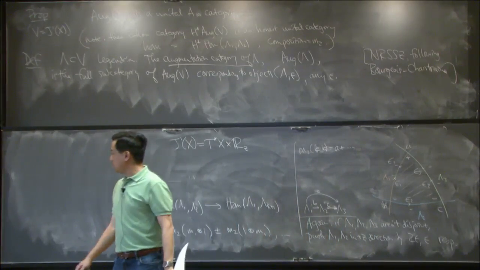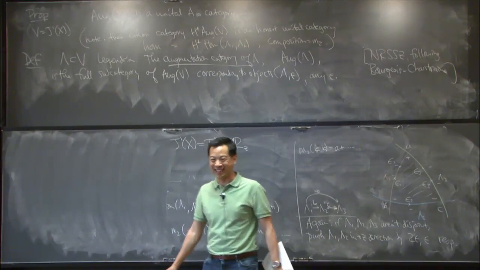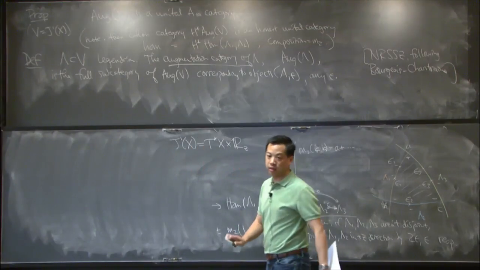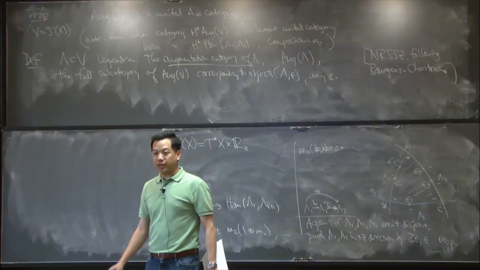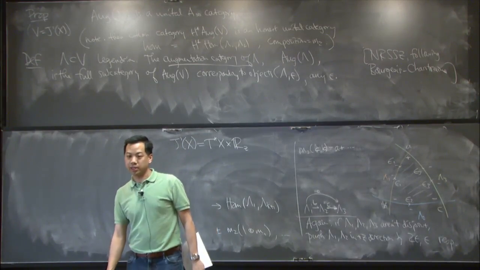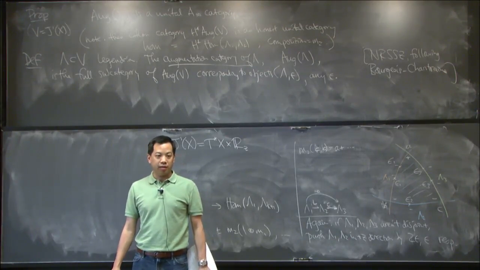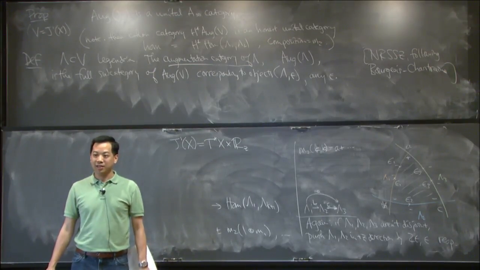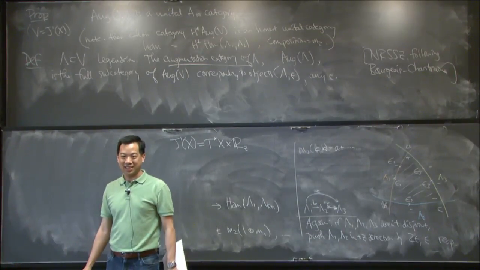Excellent question. So you're looking at the full subcategory generated by things? Yes, exactly. We can show that it's actually generated by objects that are isotopic to the unknot. That's not the same as finite generation. Baptiste says yes.